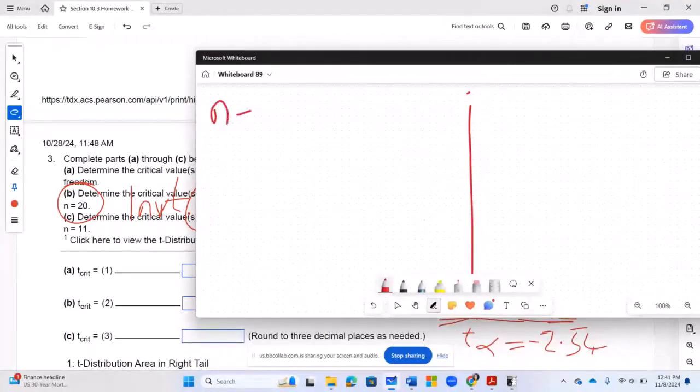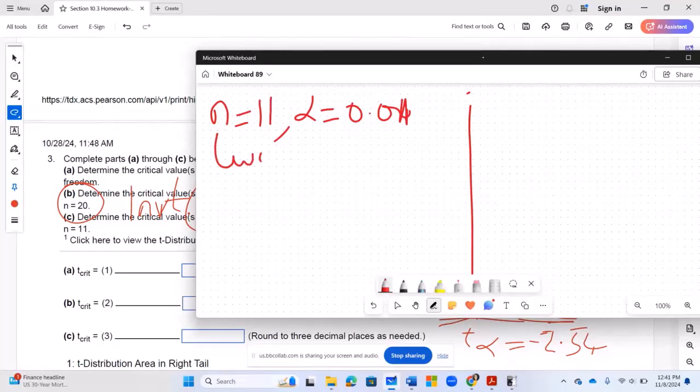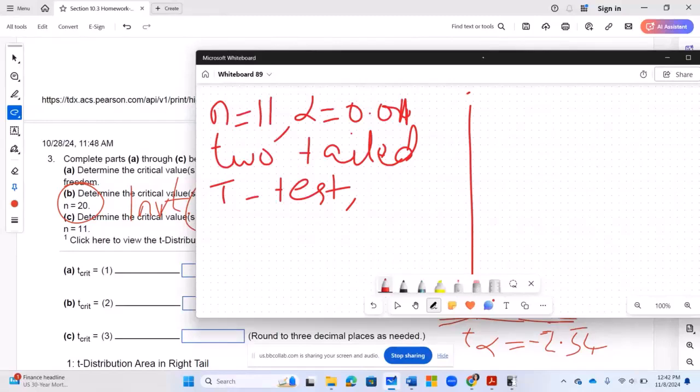N is equal to 11. Alpha is 1%, two-tailed, and this is a t-test. So I'm looking for the critical value.